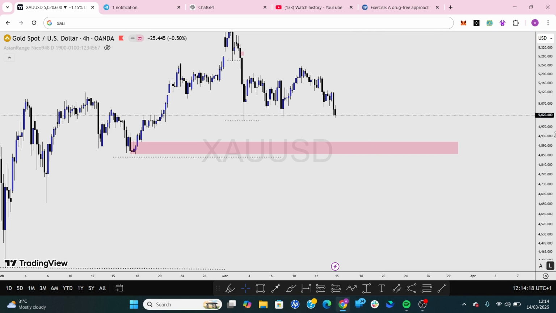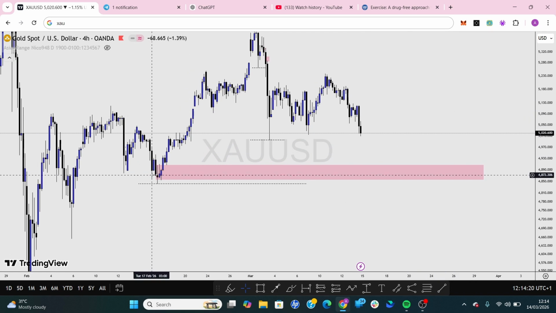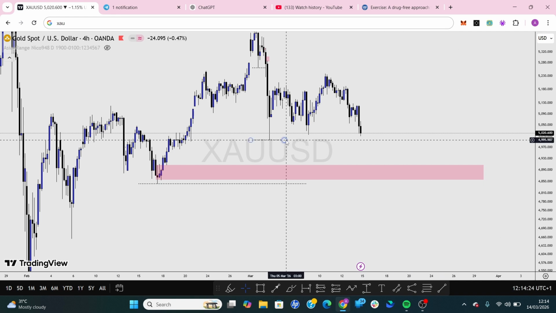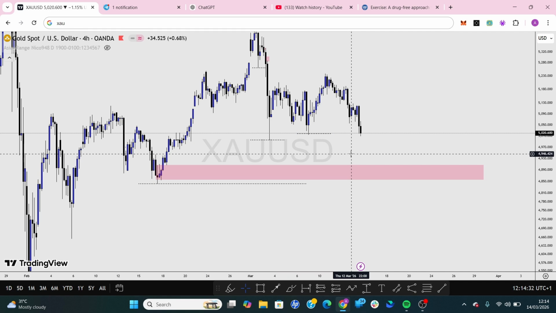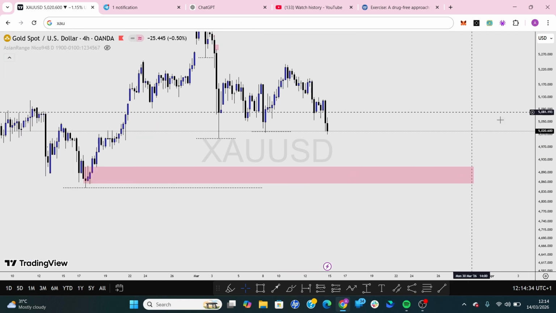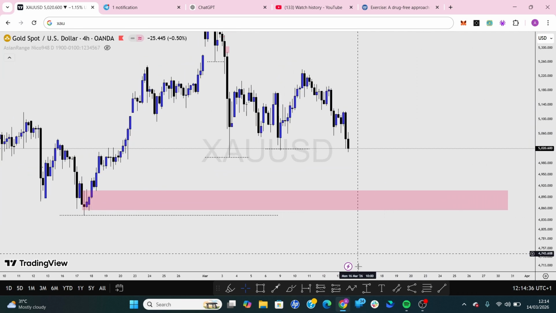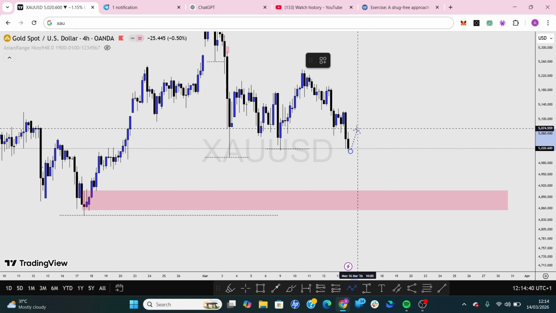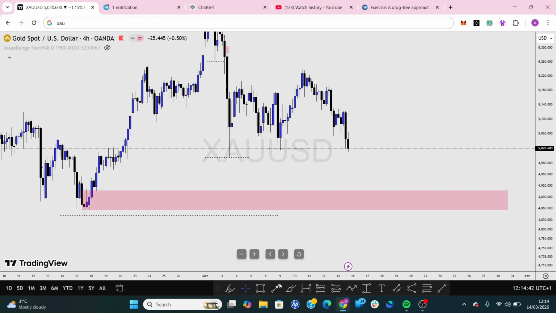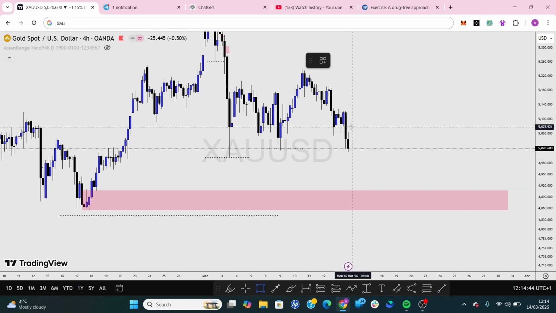So this is another critical zone that we believe price will likely come and take. This is another liquidity here. We have another liquidity sitting here. So if by next week I see gold push a little back into this fair value gap, let me mark this fair value gap for you guys to see it very clearly.